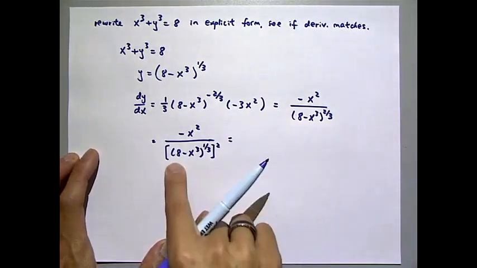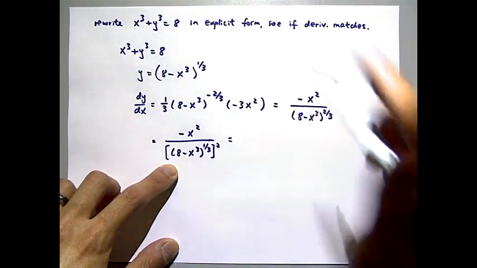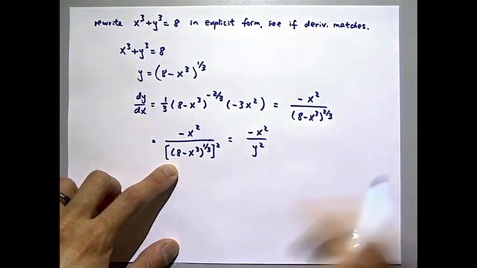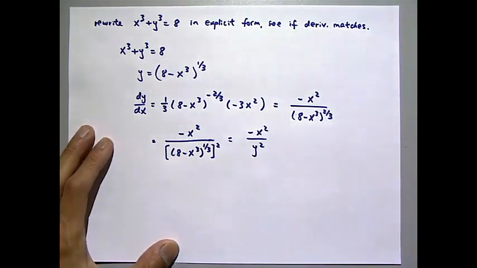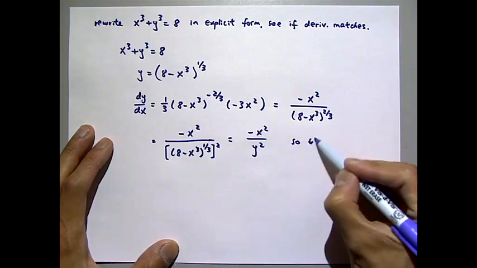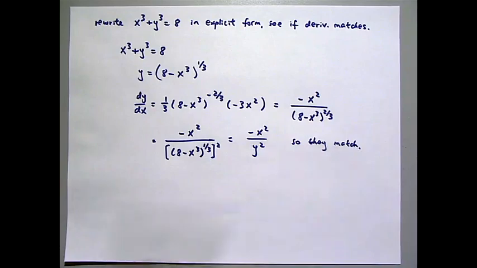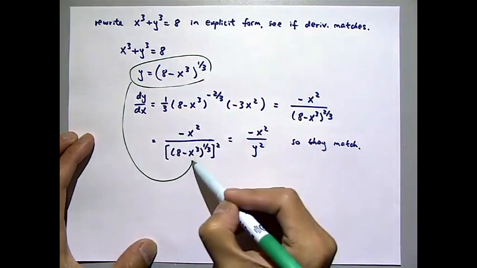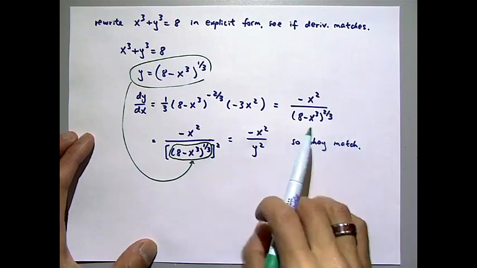And by doing that, you notice that this stuff in the brackets, that's precisely what we call y in the first place. So downstairs is really just y squared. So they match, as they should. Right? So that's our y.